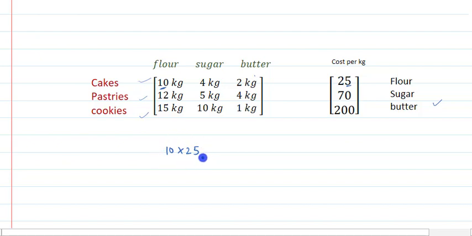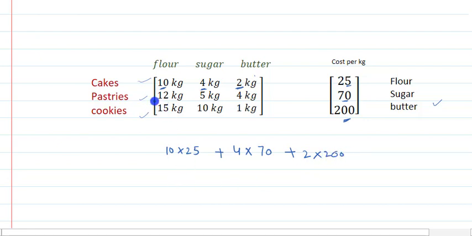So this gives us the cost of flour for preparing cakes. Then adding and multiplying this 4 kg sugar with rupees 70, that is the cost per kg sugar, means this 4 multiplied by this 70, and then again addition, and let us multiply this 2 kg with cost per kg of butter, that is 2 into 200.